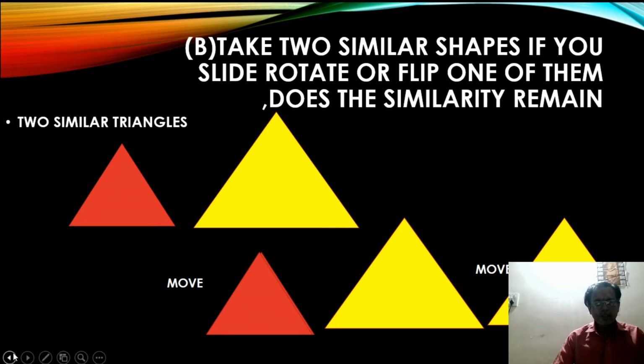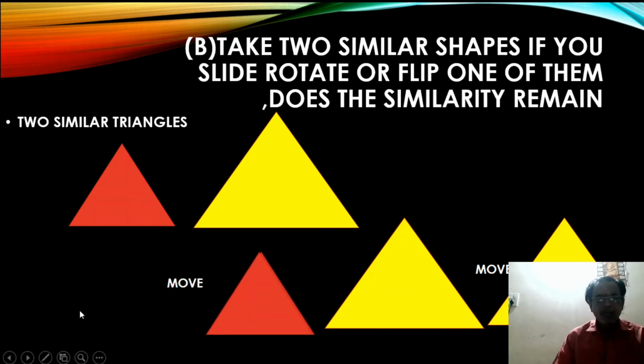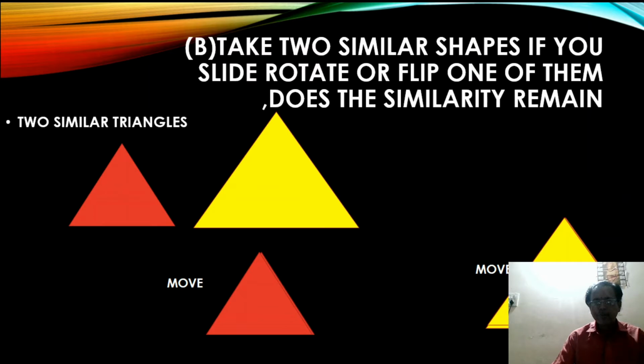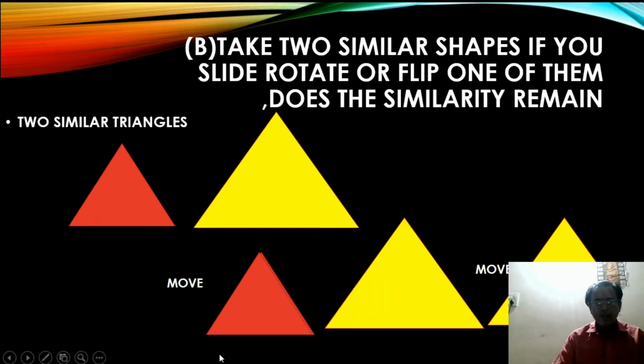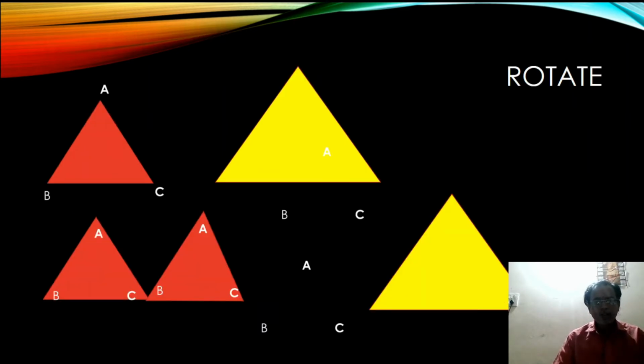So I moved this first small triangle from this point to this point. Okay. Does it change its shape? No. The same way that also. Once again here. So like this, that doesn't change their similarity. So the similarity remains the same.